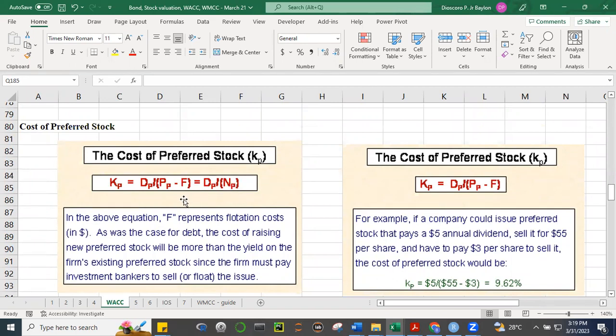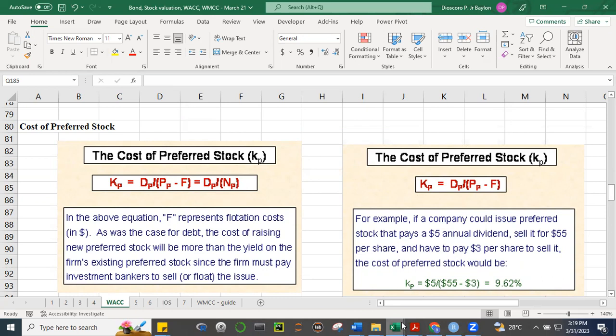So this is actually from your dividend discount model, no? Kasi ang dividend ng preferred stock is the same, hindi siya nagbabago eh. Okay, parang quasi bond to. Okay, so the dividend of the preferred divided by the price minus the flotation cost or the net price.